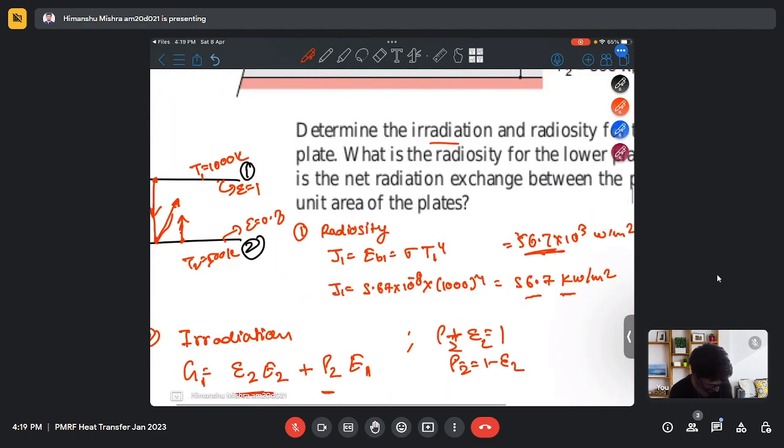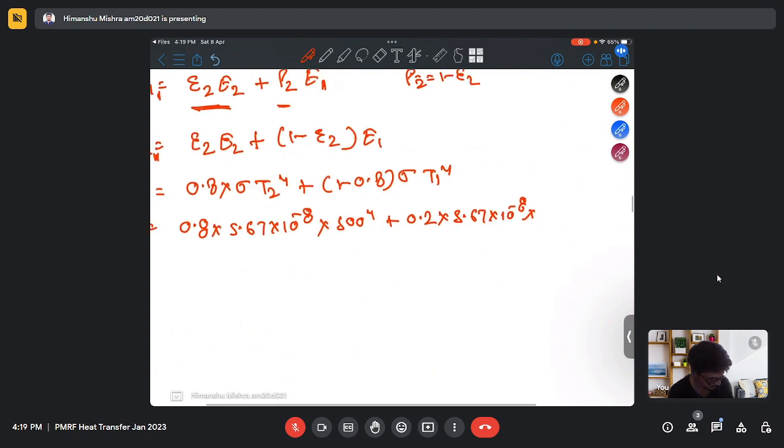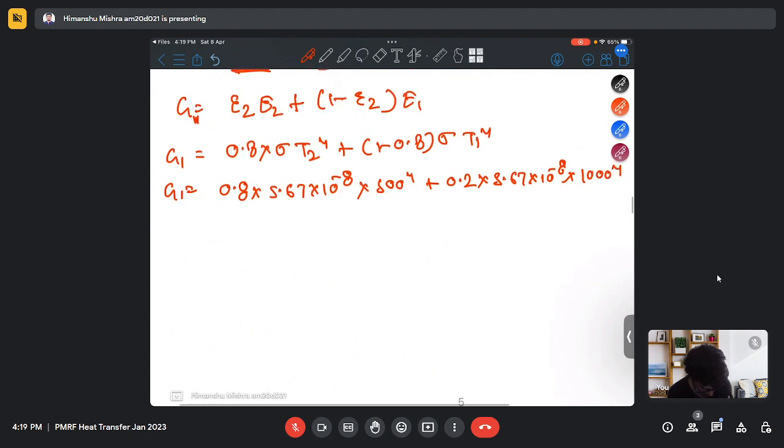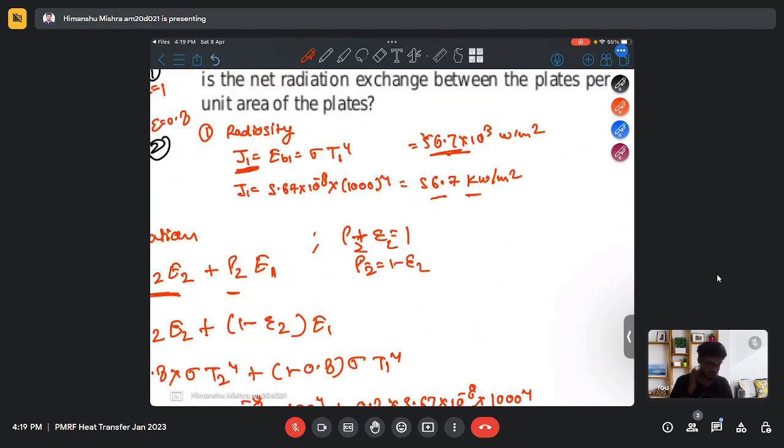T2 is 500. And T1 is 1000. So my irradiation, that means incoming radiation to surface 1, will be 14.17 kilowatt per meter square.